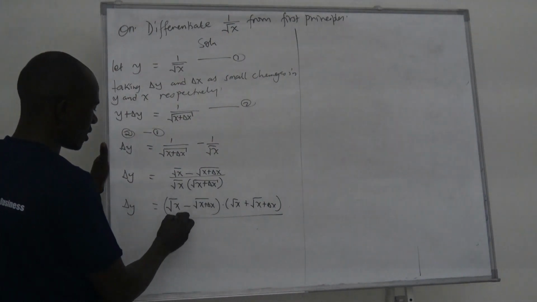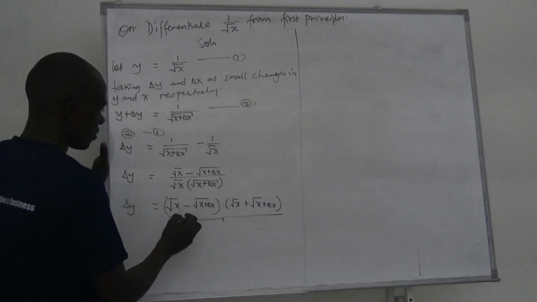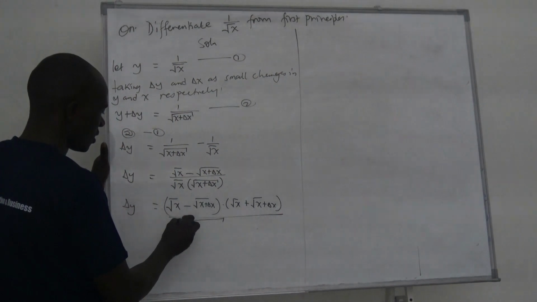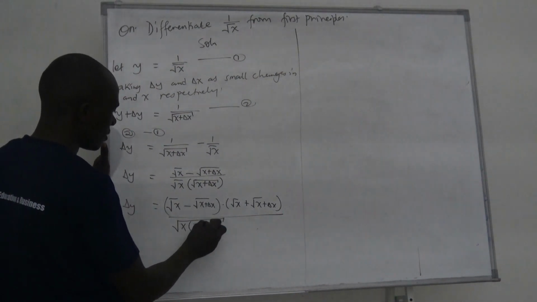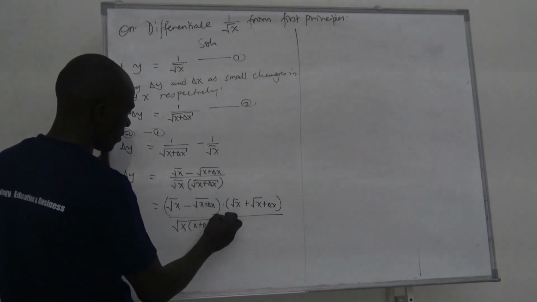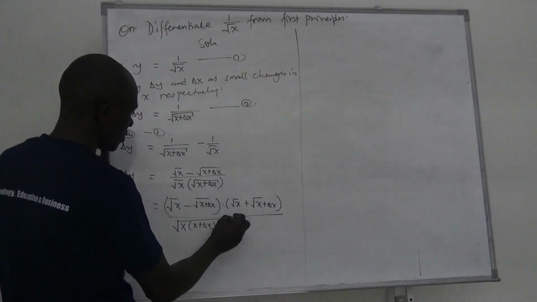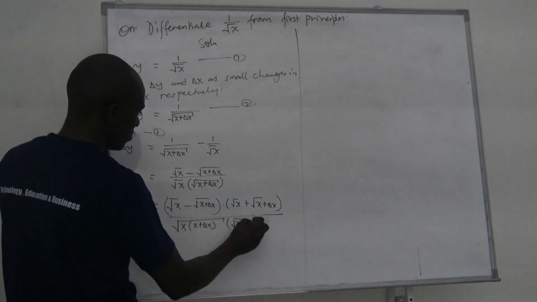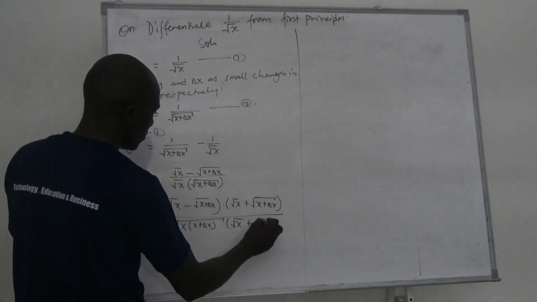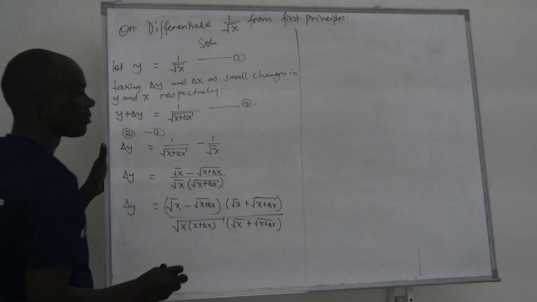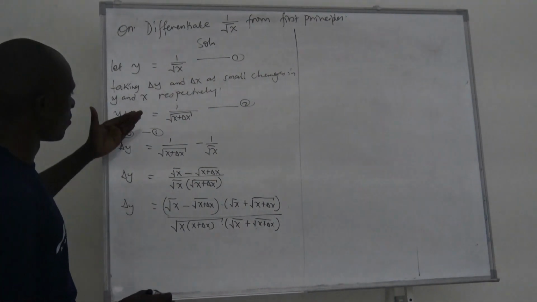root x times root of x plus delta x, times what you have done up must be done down: root x plus root of x plus delta x. So that's what some of you were asking.